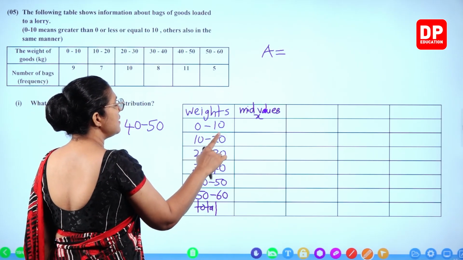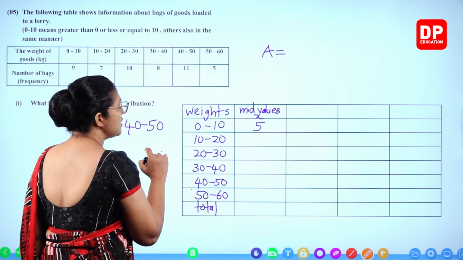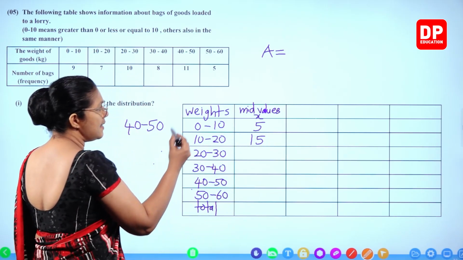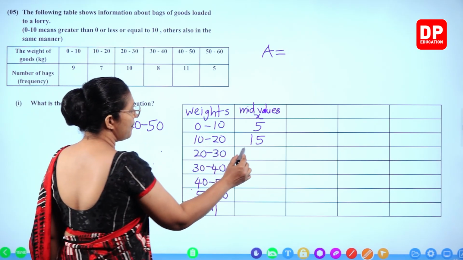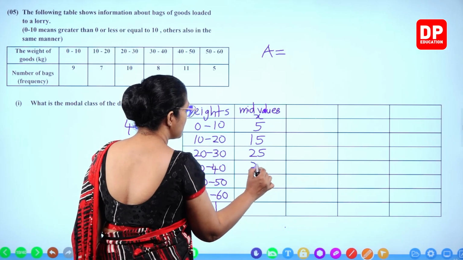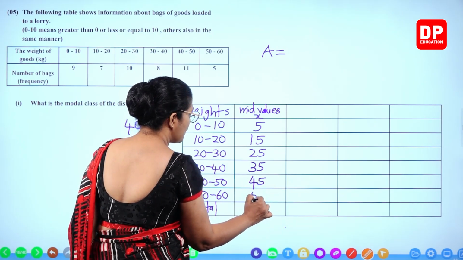So add and divide by 2. 0 plus 10 divided by 2, you get 5. 10 plus 20 divided by 2, 30 divided by 2, 15. So you can see that you are adding 10. So this becomes 25, 35, 45, 55.